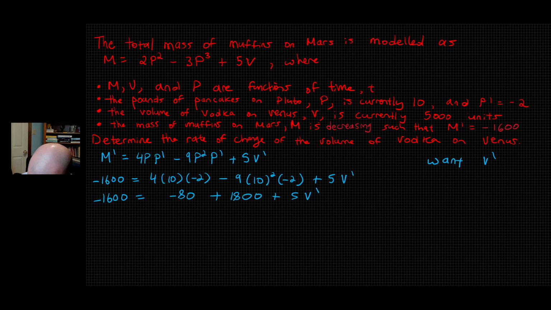So I'm going to subtract 1,000 from both sides. Well, first subtract 800 from both sides, so -2,400, -3,400, -3,400 is equal to -80 plus 5v prime.